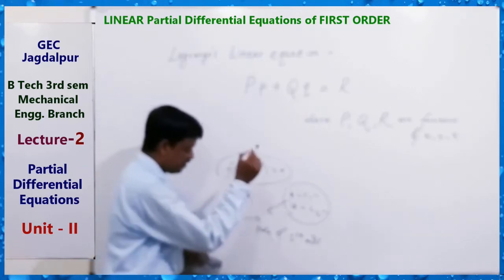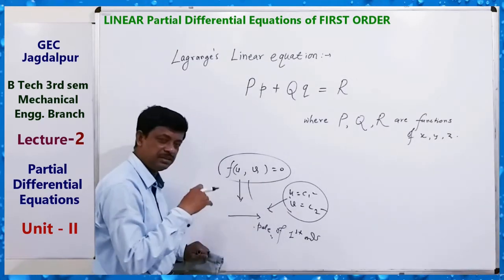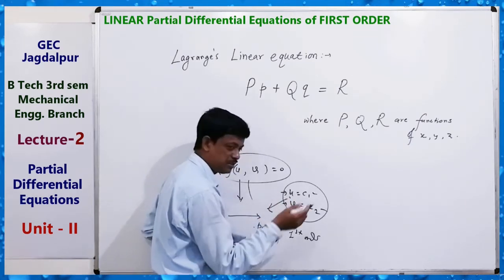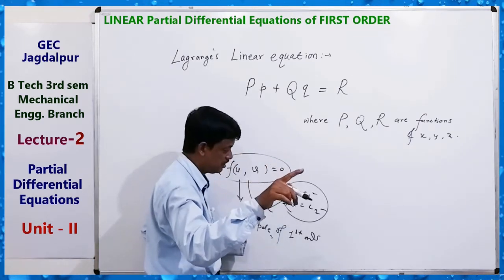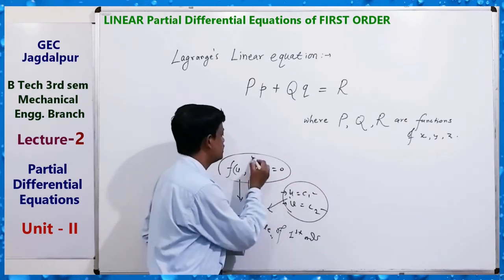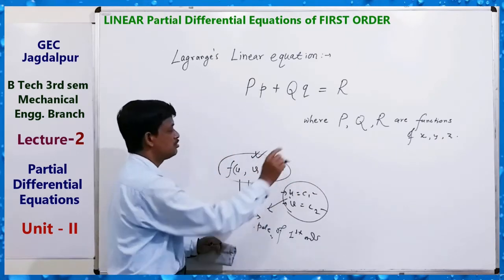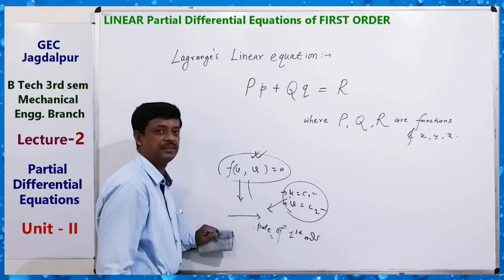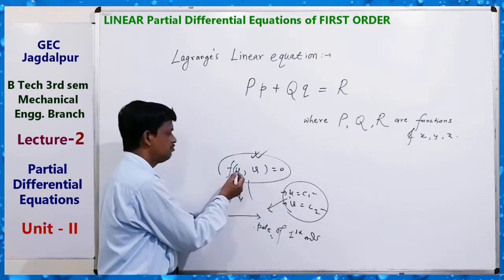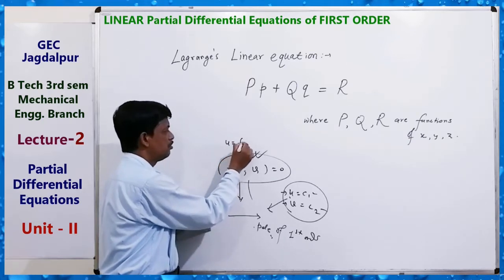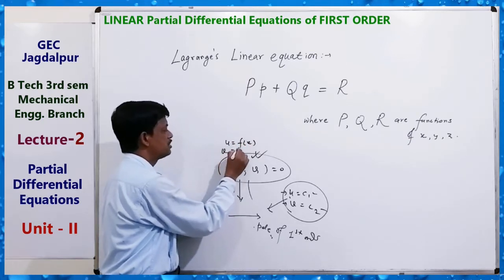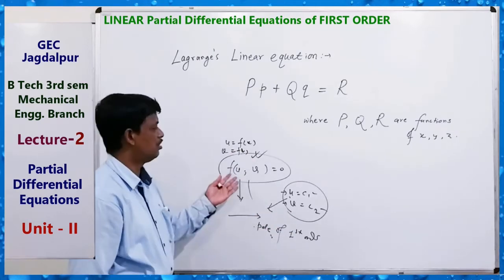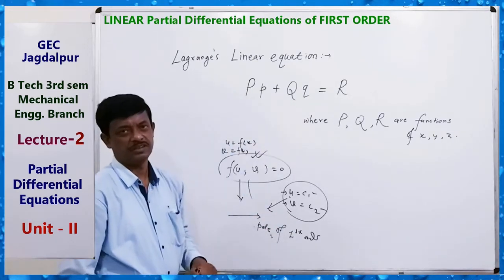So if we find some integrals from the simultaneous differential equations, then we can write the solution as a function of u, v equals 0, where u and v are taken from here. Also it can be written as u is a function of v, or v is a function of u. This will be the complete solution of the partial differential equation.